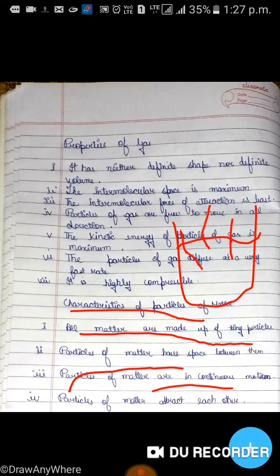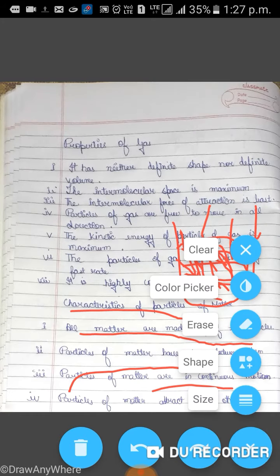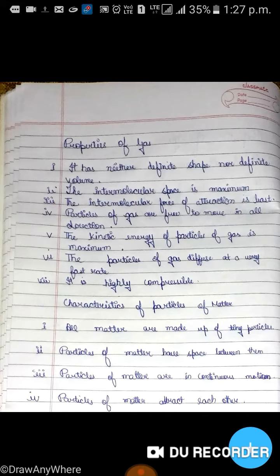This is because of the continuous motion of the particles in the water, which dissolve the color quickly and cause the water to change to the color of the liquid drop. And the particles of matter attract each other, which means that like a magnet attracts, the particles of matter also attract each other.